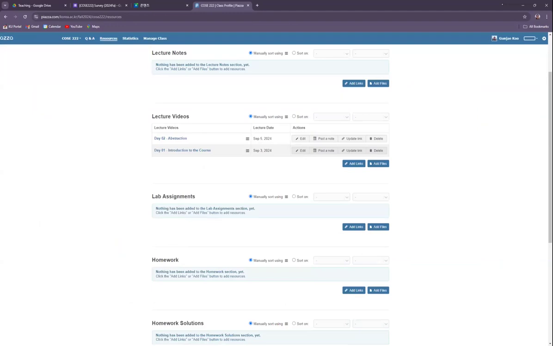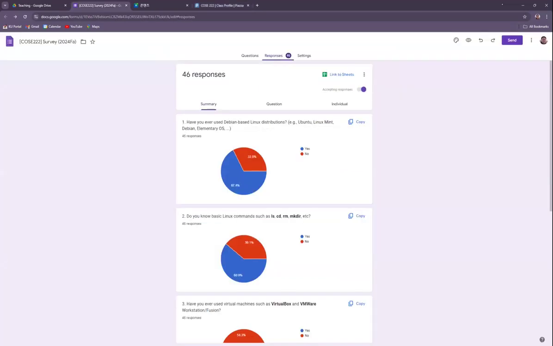Also, please read the syllabus if you are attending this course for the first time. I believe some students registered for this course after the registration change period, so please read the syllabus.